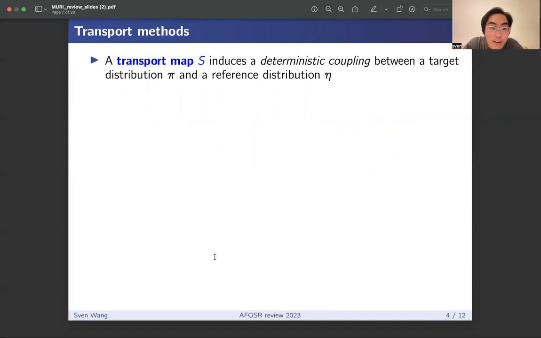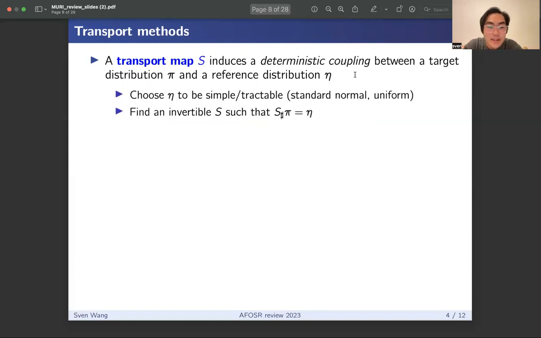So once you have such a transport map S, you always induce a coupling between a reference and a target. Specifically, S will push pi into eta. These transport methods fix some typically very simple and tractable eta.